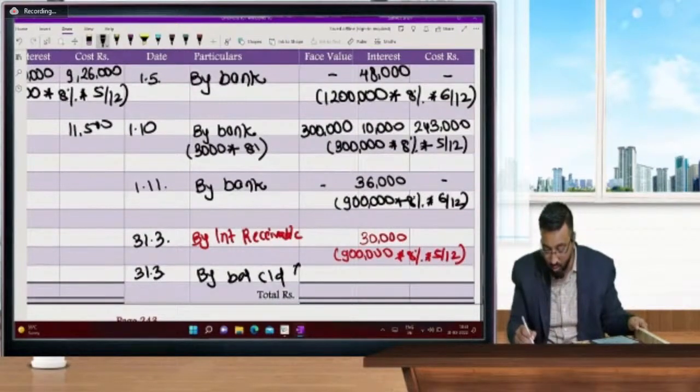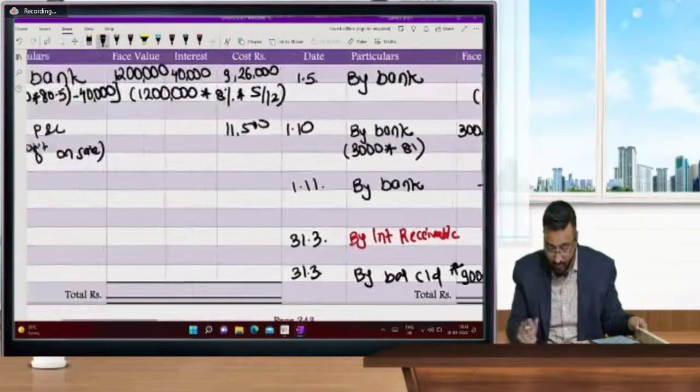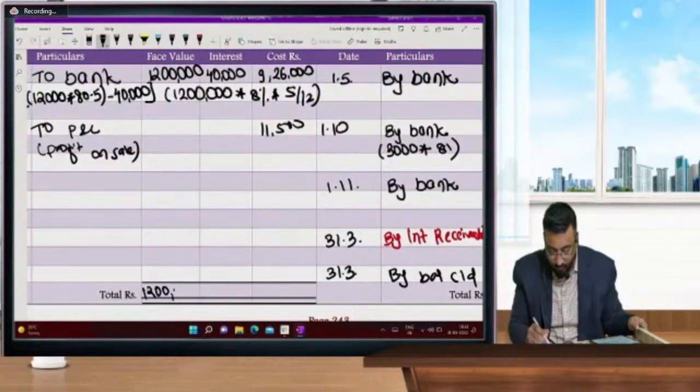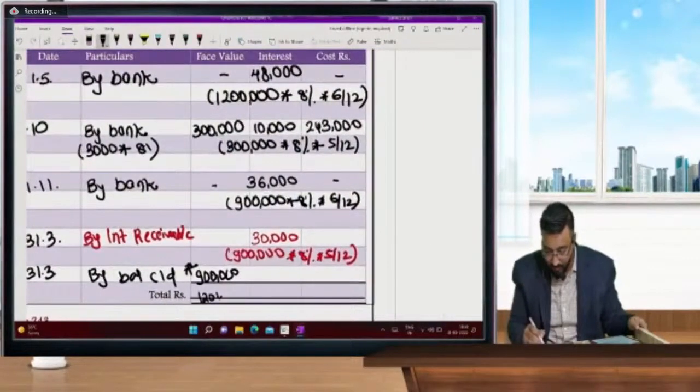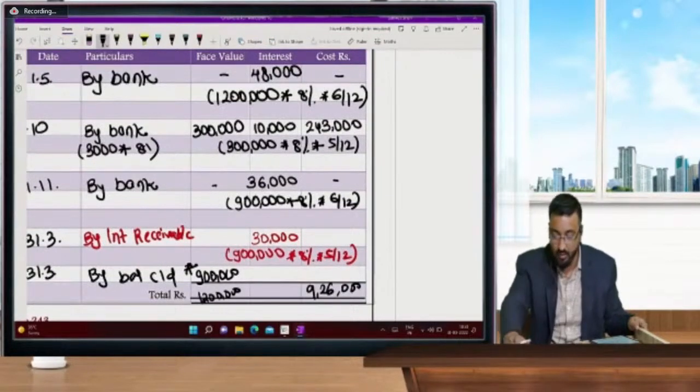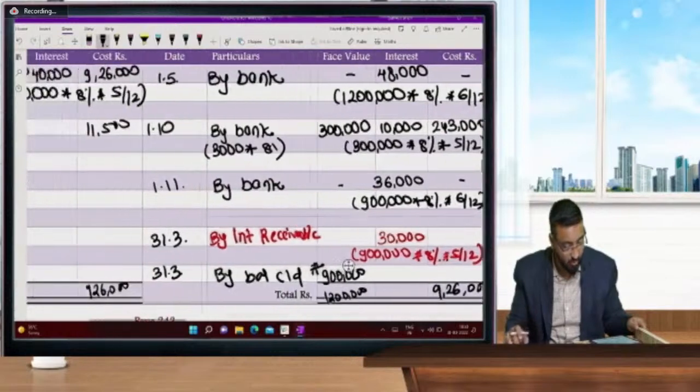That I will do. Interest receivable ki entry aani chahiye. Focus kijiye thoda. 12 lakhs, 9 lakh 26,000. 926 minus 243, you are getting 11,500.